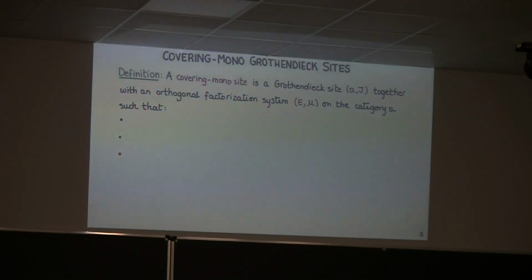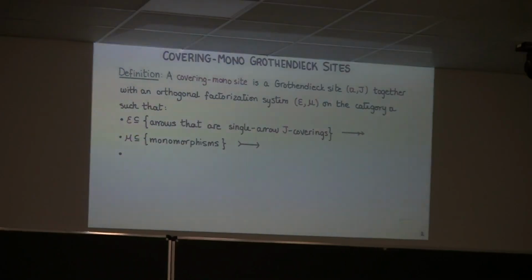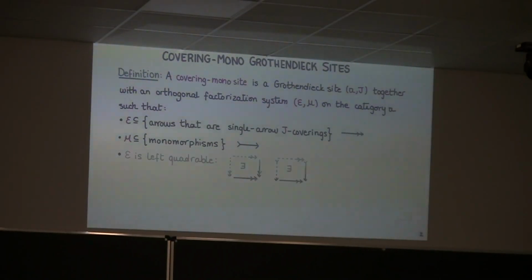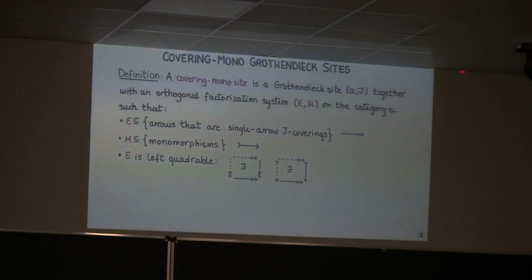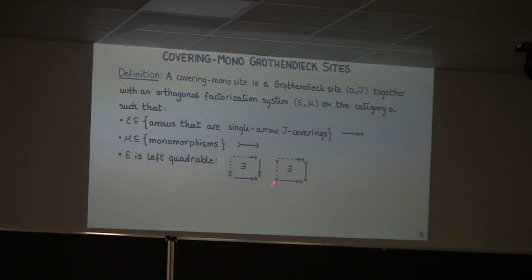Second, M is contained in the collection of monomorphisms. And then we have a nice behavior of the left class with respect to itself. So we have an Ore condition for morphisms in E, and also for morphisms in E with respect to the monomorphisms that are in my factorization.